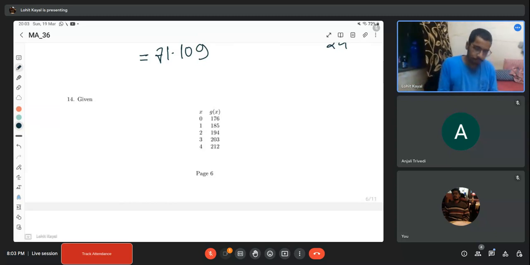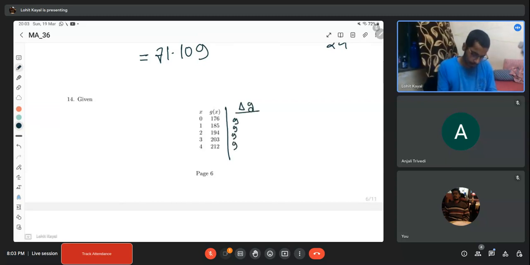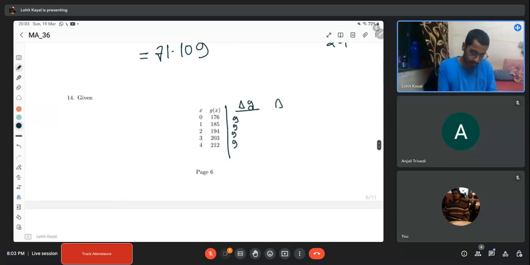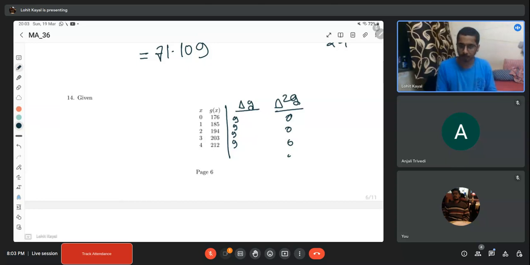This is a comparatively very simple problem. I am constructing the table here. So your delta G is 9, 9, 9, 9, and delta square G is 0. All of those will be 0.